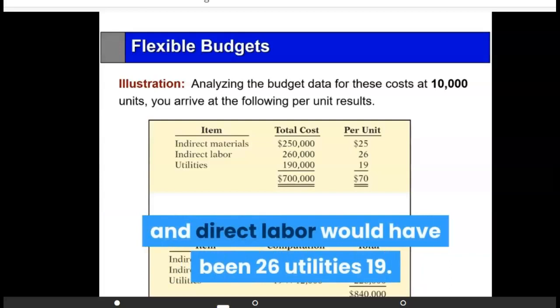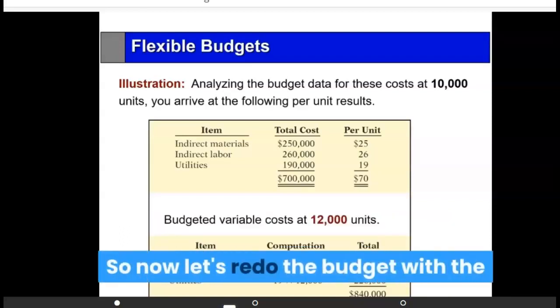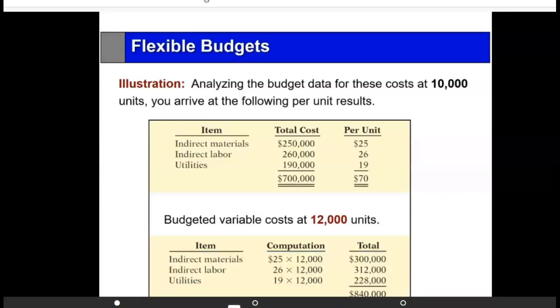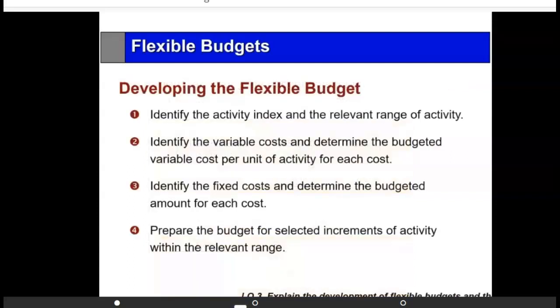Indirect labor would have been $26 and utilities $19. So now let's redo the budget with the activity level of 12,000 units, and therefore we come up with an amount for indirect materials of $300,000, for indirect labor of $312,000, and so on.